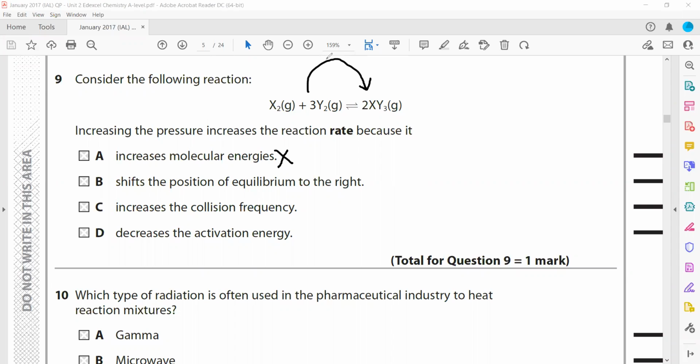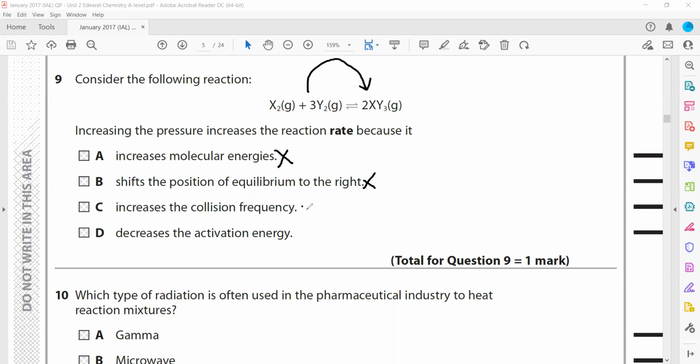That shows the yield, like the equilibrium shifted towards the right-hand side, the side where the number of moles of particles is less. So B is also not the right one, because the statement is correct, but it does not explain why the rate increases.